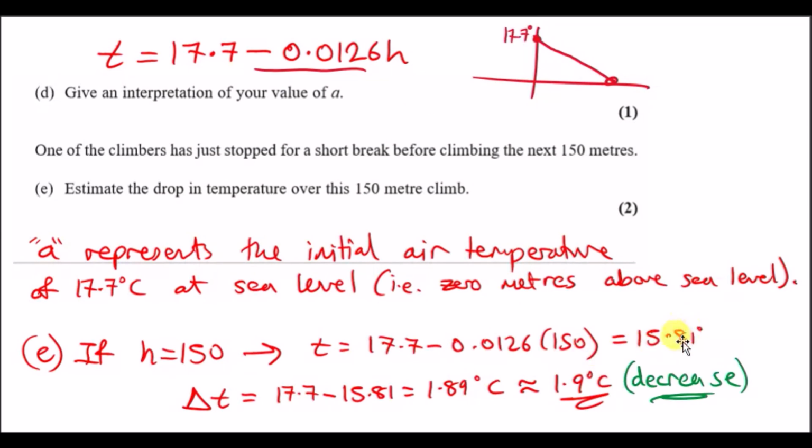This is the new temperature. You can see it's dropped to somewhere around here, 15.81 degrees. All they want to calculate is the change, the drop. So the drop is just the original temperature of 17.7 minus 15.81, and that should give you a drop of roughly 1.89 degrees, or 1.9 degrees Celsius.